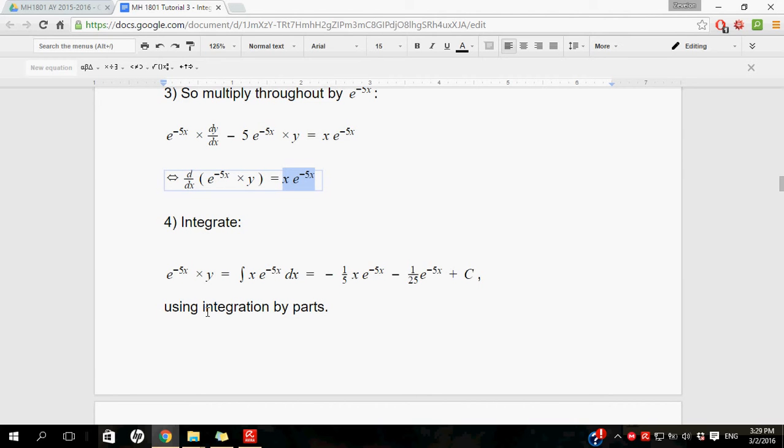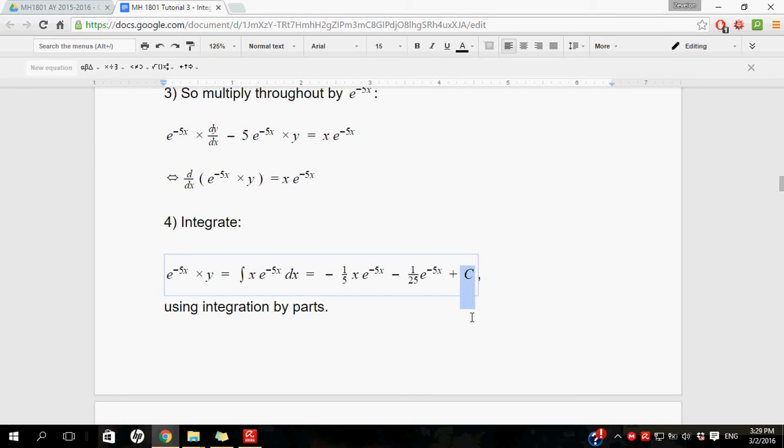If we do that correctly, we should get this formula: minus 1 over 5 times x times e to the minus 5x, minus 1 over 25 times e to the minus 5x, plus, at this stage, the arbitrary constant c. So we have obtained our formula.